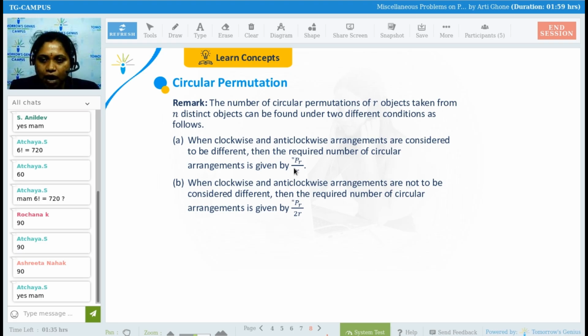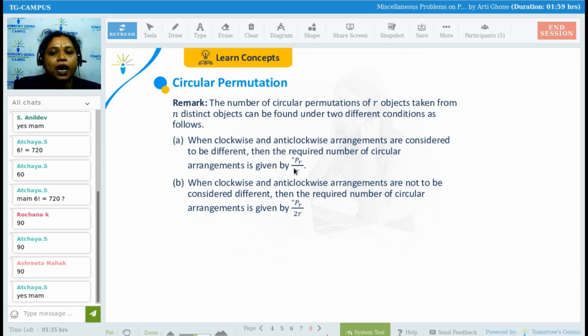Out of n distinct objects, I have to take r objects under different conditions, as follows. The first condition is, whenever clockwise and anti-clockwise arrangements are considered to be different, then the required number of circular arrangements is nPr upon r. And whenever the clockwise and anti-clockwise arrangements are not considered as different, then it is nPr upon 2r.